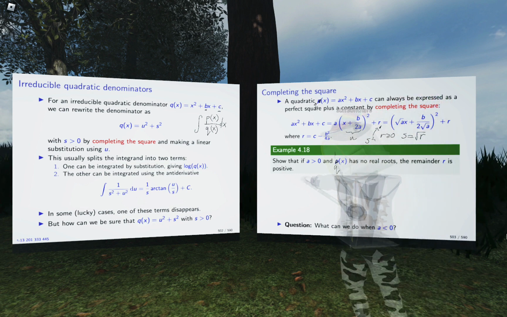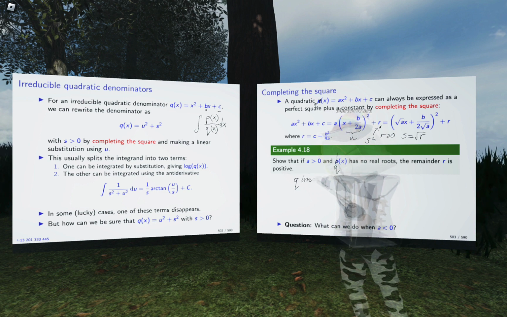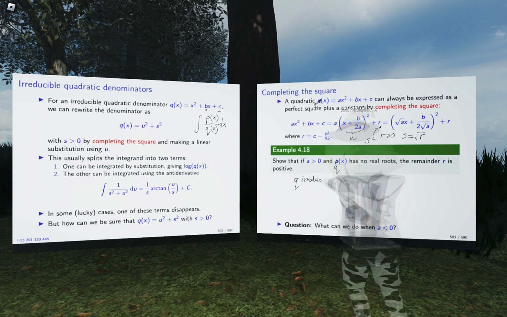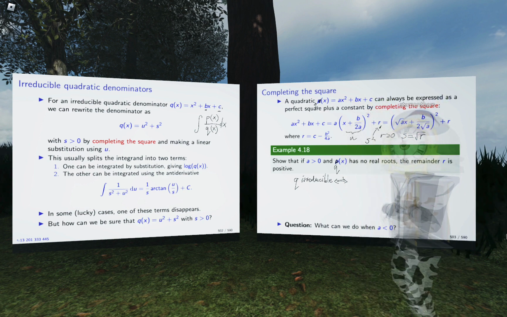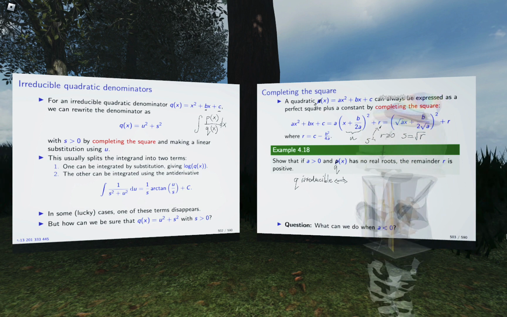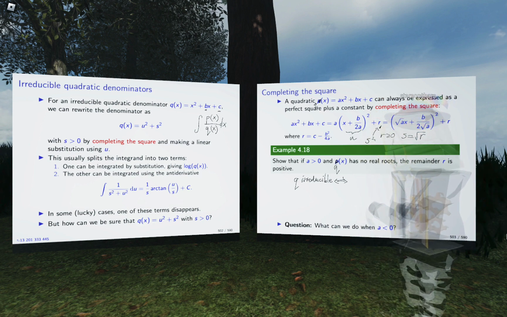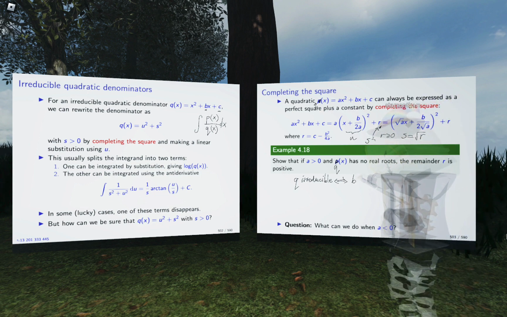Well, what does it mean for q to be irreducible? Well, what does irreducible mean? It means it has no linear factors over R, right? Which we know in terms of the discriminant means the discriminant has to be negative. And the discriminant is b squared minus 4ac.